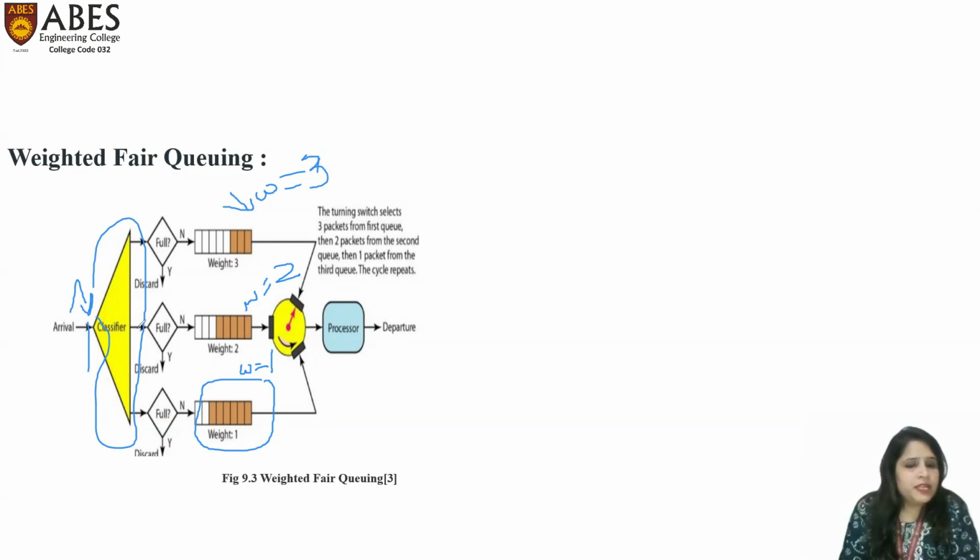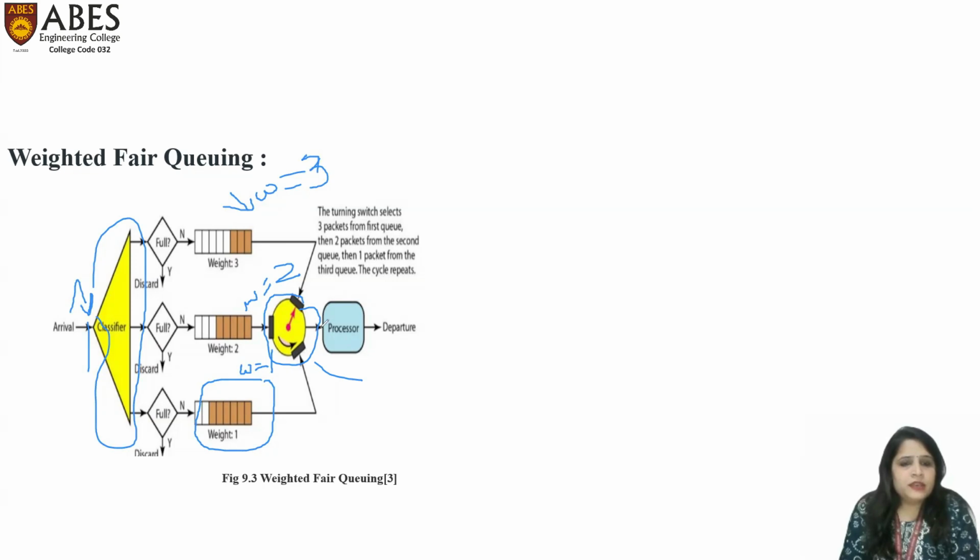Similarly, a medium priority process is given to the queue with weight value 2, and a lower priority process is given to Q1, the lower priority queue, whose weight value is 1. Here is a switch called the rotating switch, which selects processes one by one from the available queues and gives them to the processor.